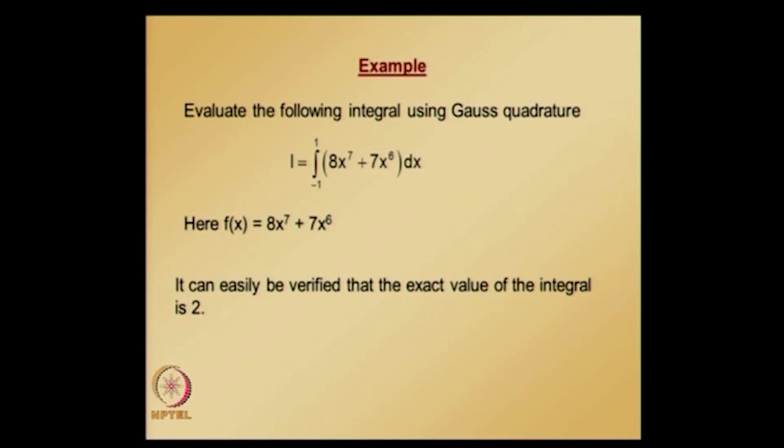Since the order of polynomial is 7, 2n minus 1 is equal to 7, so you can back calculate n is equal to 4. So, when we adopt 4 Gauss points, we are going to get this integral value exactly. Now let us try using 1 point, 2 point, 3 point and also 4 point, and let us see how the solution converges.